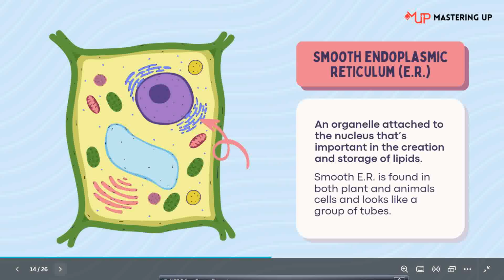The rough endoplasmic reticulum helps in the synthesis of proteins, and the smooth endoplasmic reticulum is important in the creation and storage of lipids. Smooth endoplasmic reticulum is found both in plant and animal cell and looks like a group of tubes.